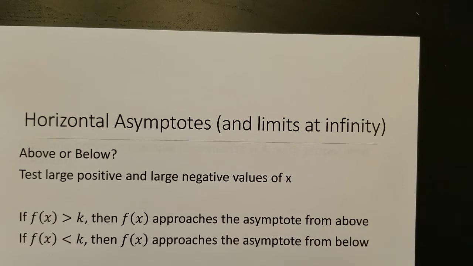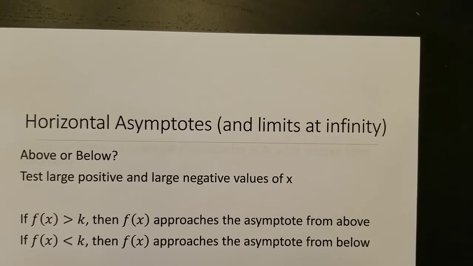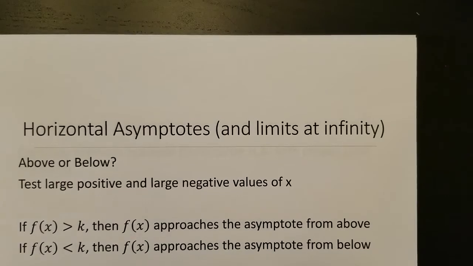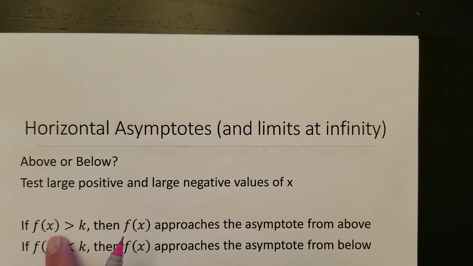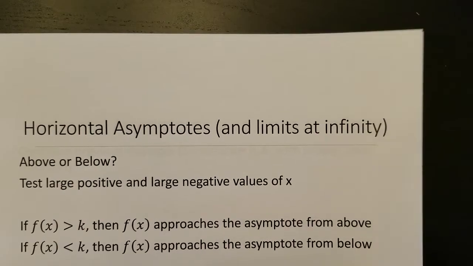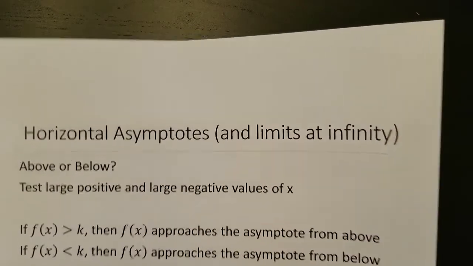So maybe f at 1,000 and f at negative 1,000, and we're just going to see what those values are and compare it to the horizontal asymptote. If the function at a very big positive or negative is above the horizontal asymptote, then we're just going to state that it approaches from above. If it's below, then we'll just state that it approaches from below.